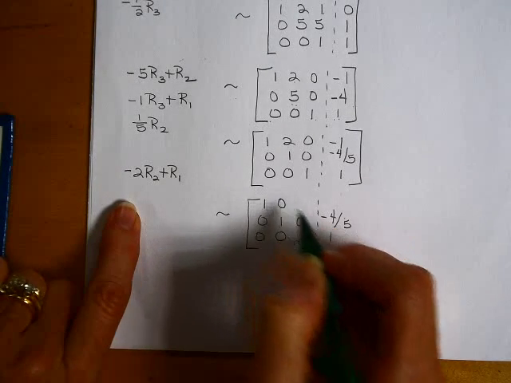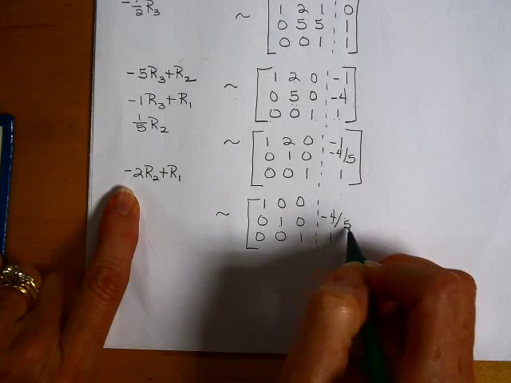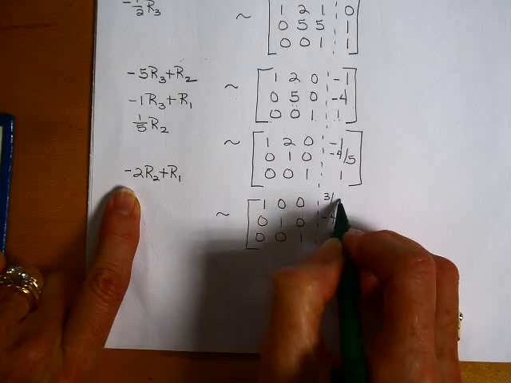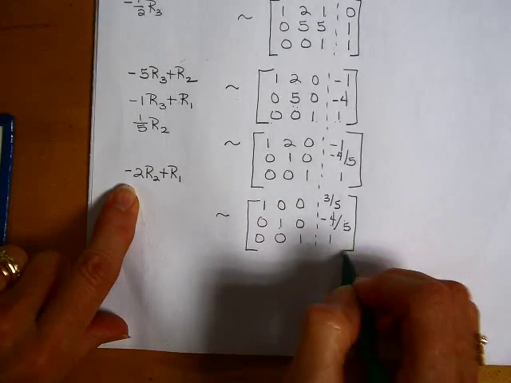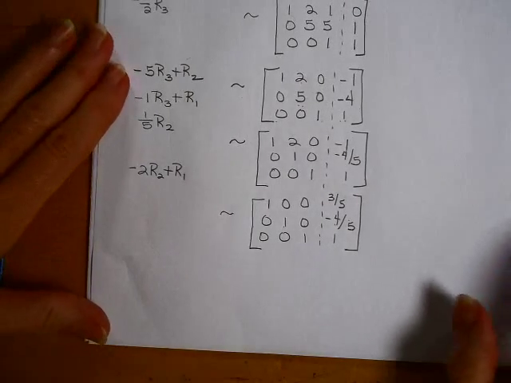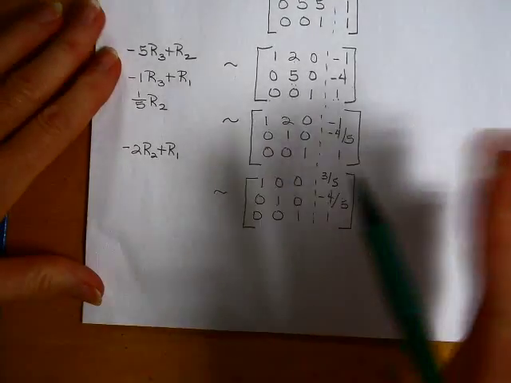Negative 2 and 2 is 0. That stays a 0. That's 8/5 minus 1 looks like 3/5. Okay, that is what we've been doing this semester, all semester long.